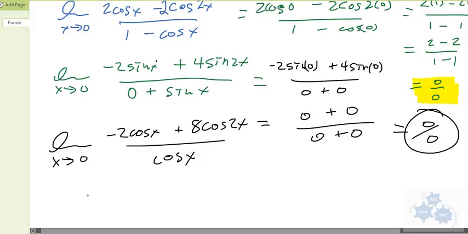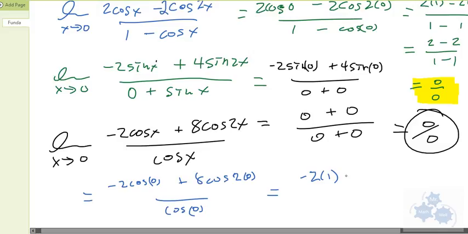Beauty. Okay, so if we apply, it includes 0 here, okay, plug it in, you get negative 2 cos of 0 plus 8 cos of 2 times 0 all over cos of 0. And cos of 0 is 1, right? So this is looking real good. 8 times 1, this is 1. So what does this look like?